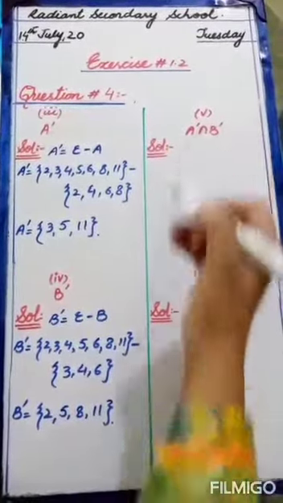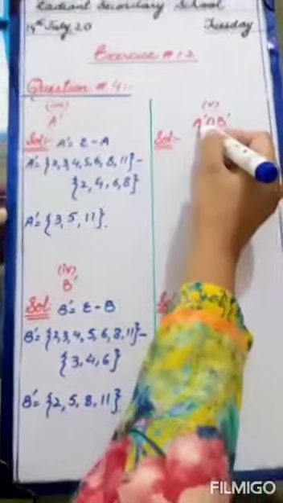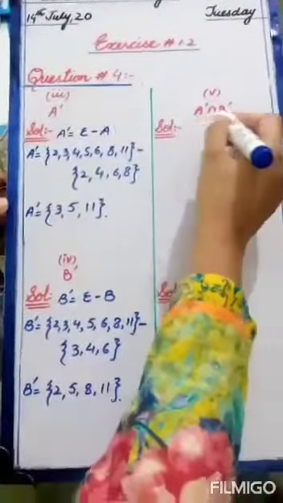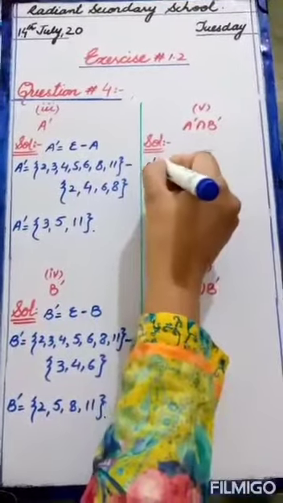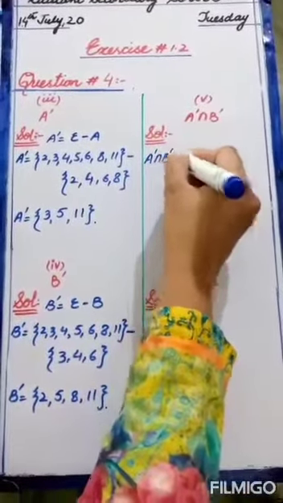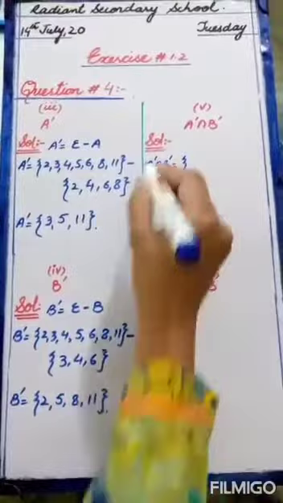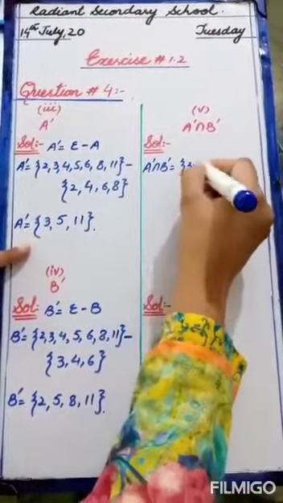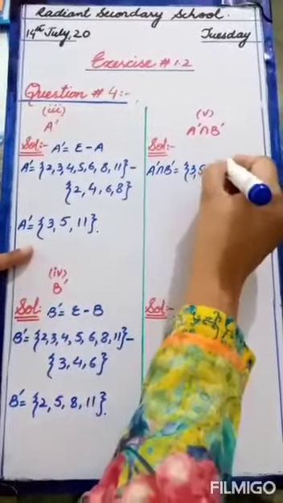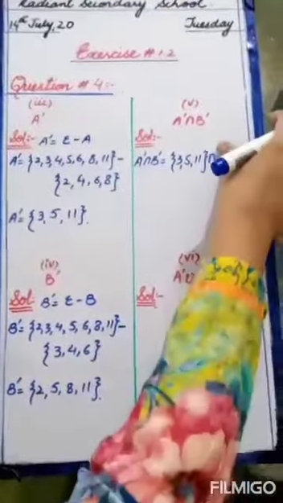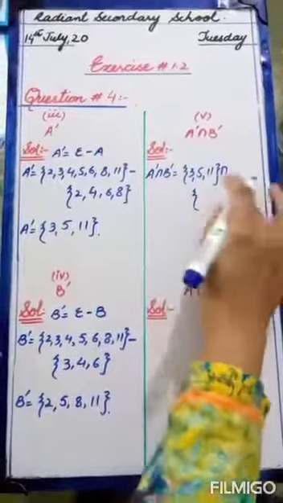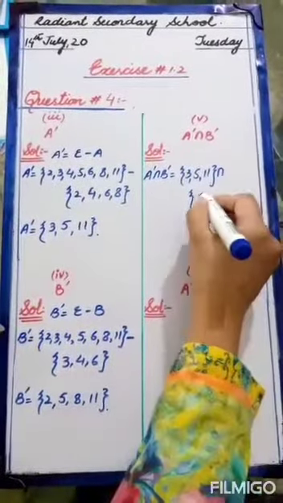Okay, now the next part is there. We have to find the intersection of these complements. So what is A complement now? It is 3, 5 and 11, intersection. I have to write it here: 2, 5, 8 and 11.